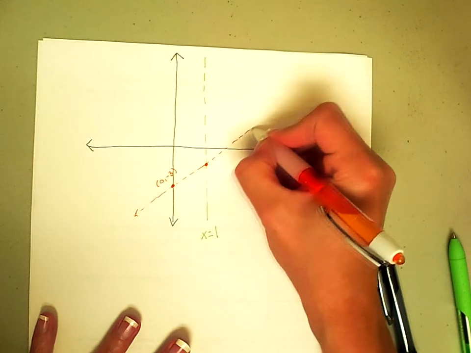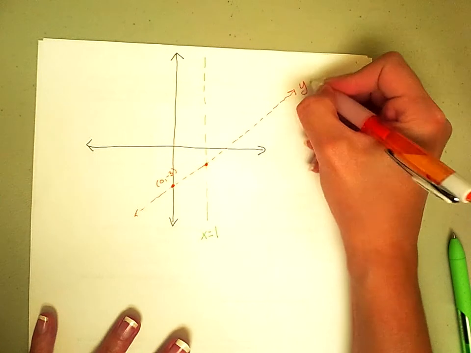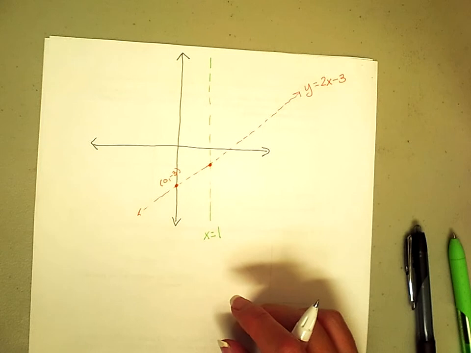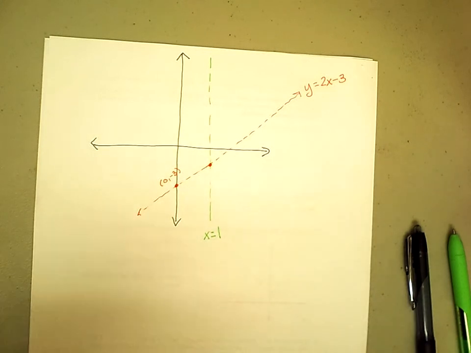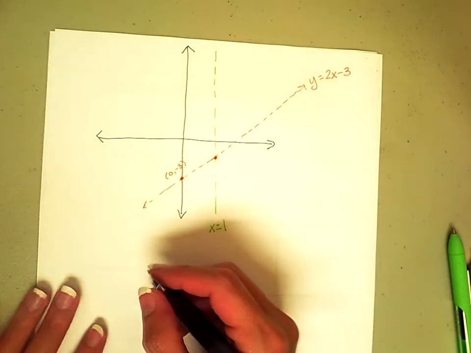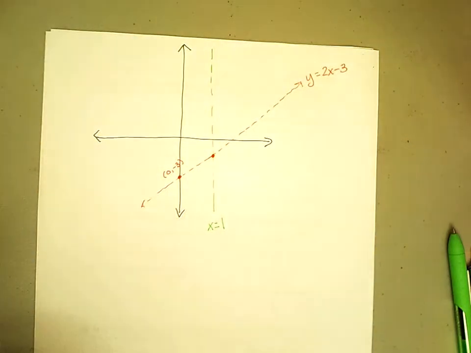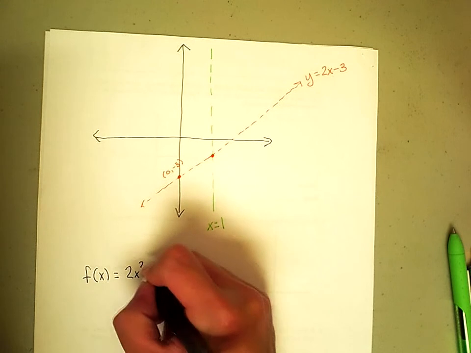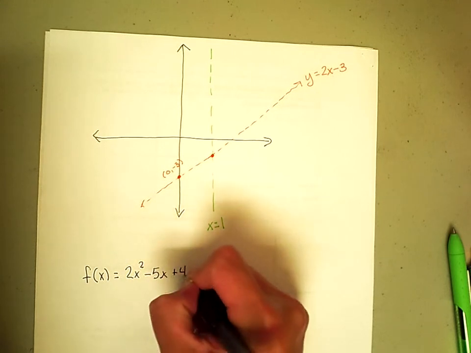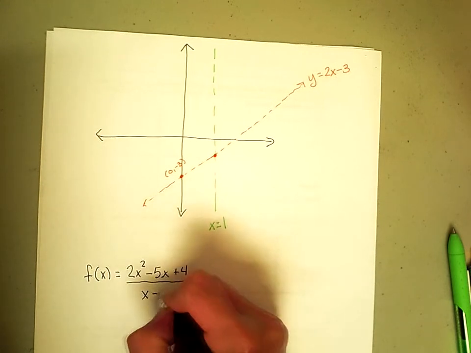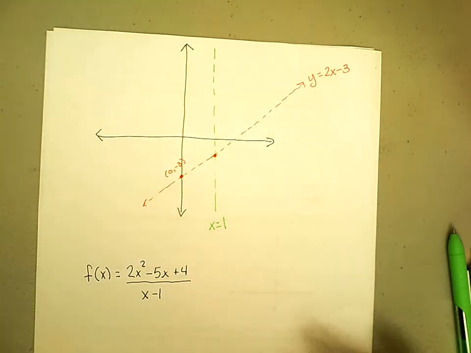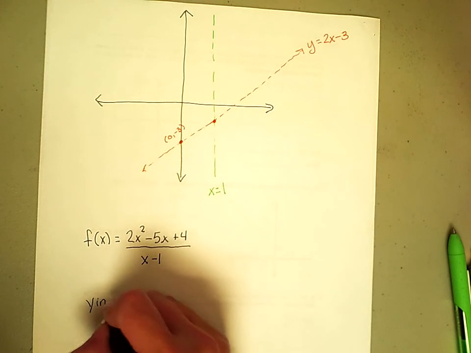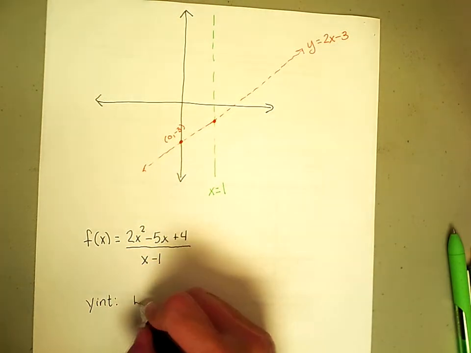So 2x minus 3 has a y-intercept of minus 3. Let's put in y equals mx plus b, with a slope of 2. Given our original function, f of x is equal to (2x squared minus 5x plus 4) over (x minus 1), let's try and find a y-intercept to give us one point to deal with.